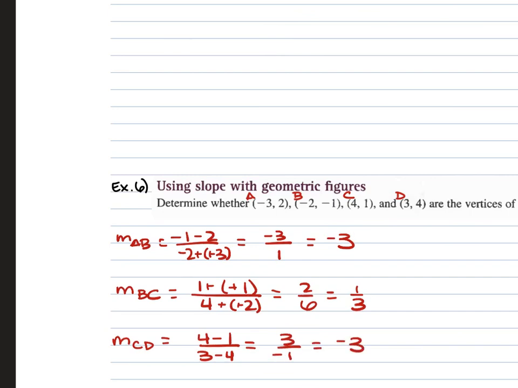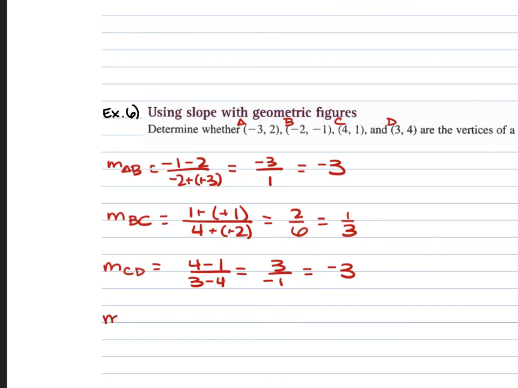That's negative 3. And then the slope of DA, we're going to have 2 minus 4 all over negative 3 minus 3. So that 2 minus 4 is negative 2 over negative 6, which is positive 1/3.